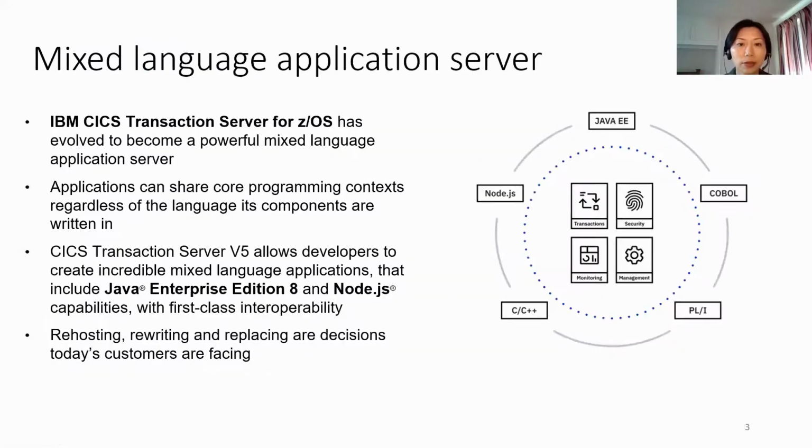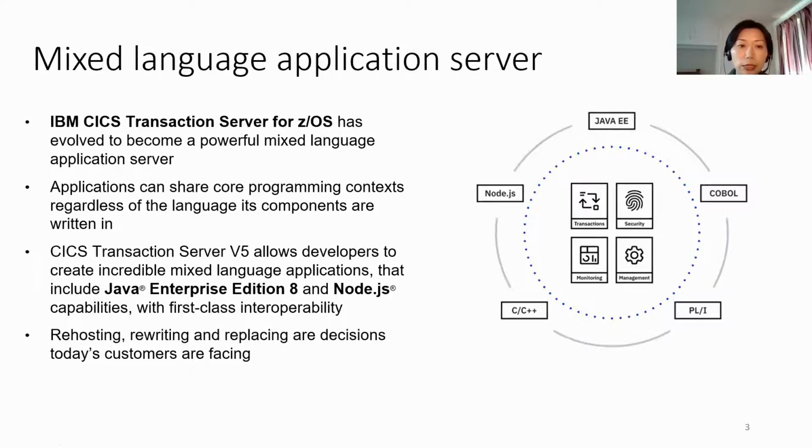As you may have heard, on the CICS TS application server, since version 5.4, we've introduced Node.js as a hosting environment. We also introduced Java Enterprise Edition version 8 in version 5.4.